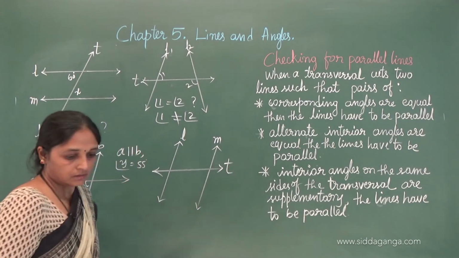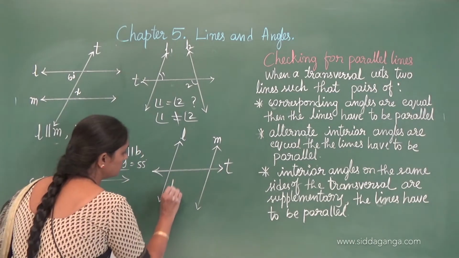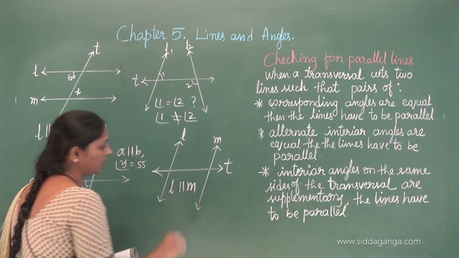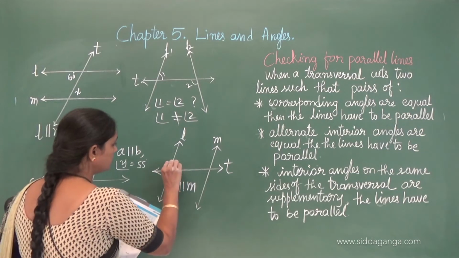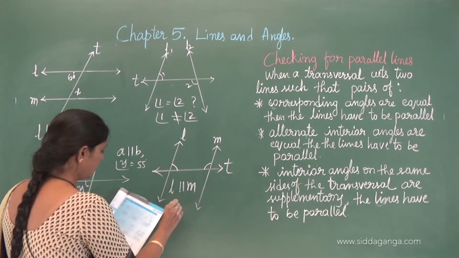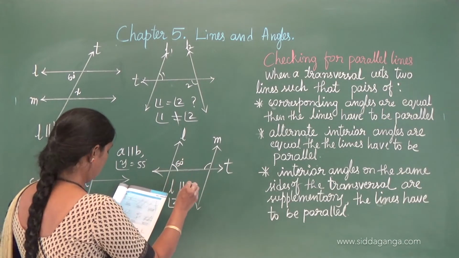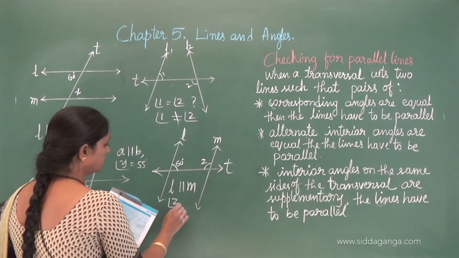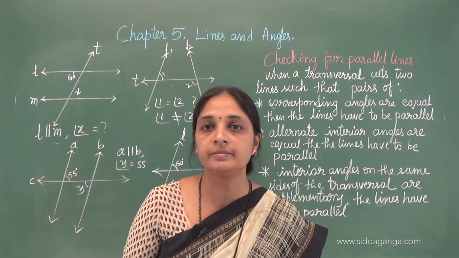Given that L is parallel to M, and T is a transversal. What about angle Z? Z is 60 degrees here. How can you find Z?